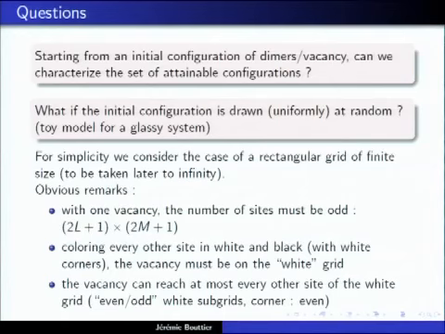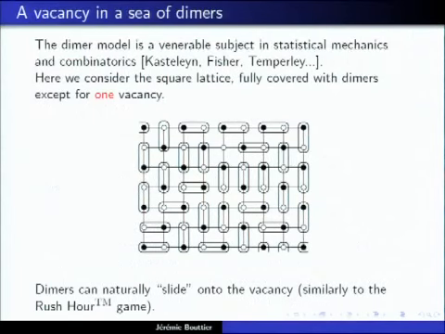And another thing that you immediately realize, by moving around the vacancy, is that it can move, of course it must remain on the white grid, but it is confined to one of the two subgrids, because you can divide the lattice of white sites into two, the even and the odd lattice.